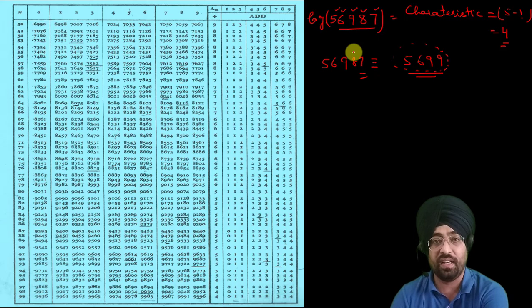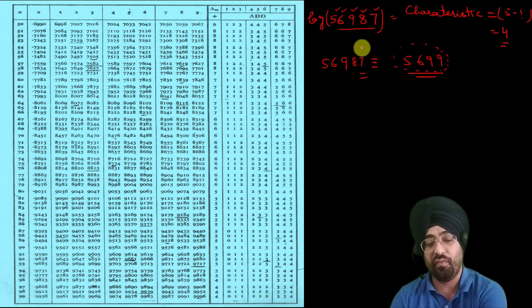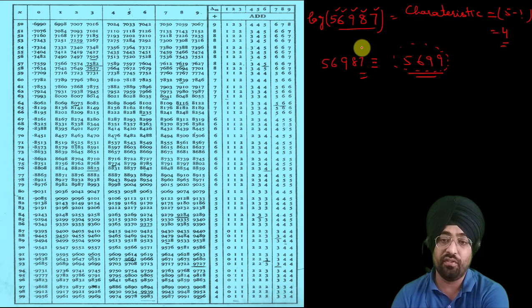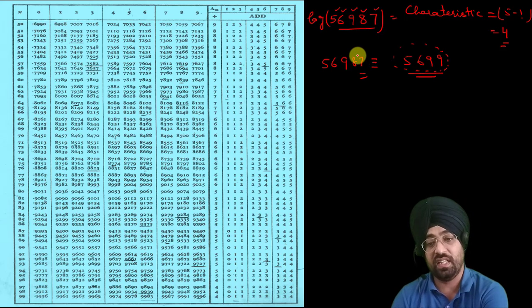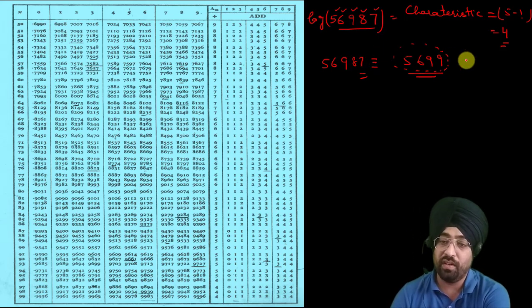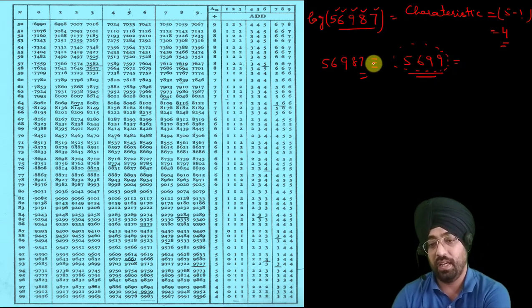But when finding the mantissa, if the number is not a 4-digit number we have to make it 4-digit. If it is less than 4 digits we add zeros at the end. If it is more than 4 digits, then depending on the fifth digit, whether it is less than 5 or greater than 5, there are different rules to convert it into a 4-digit number. Here it was greater than 5, so we added 1 to it.